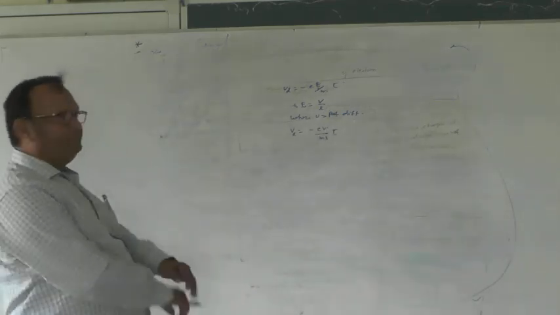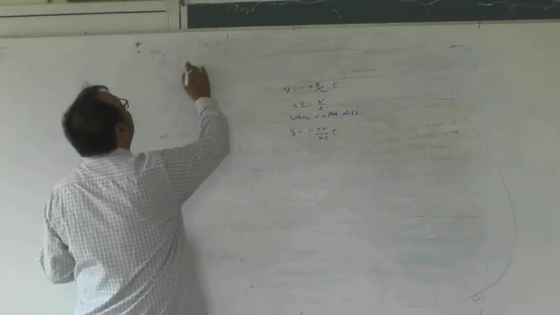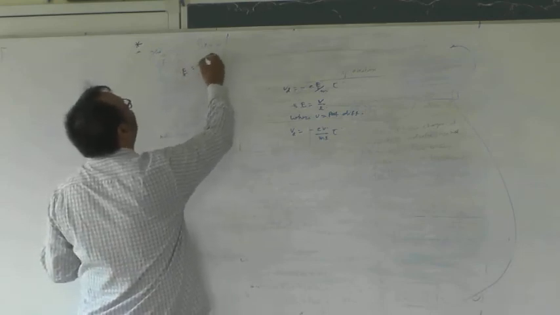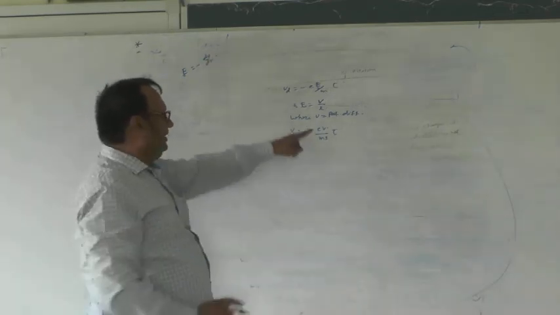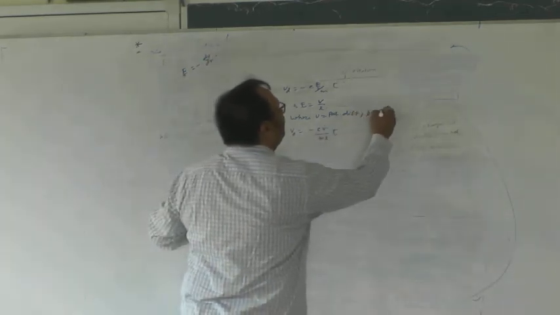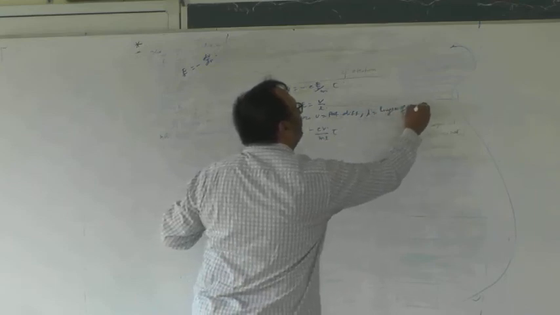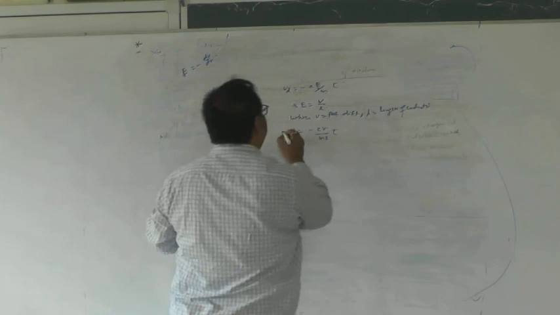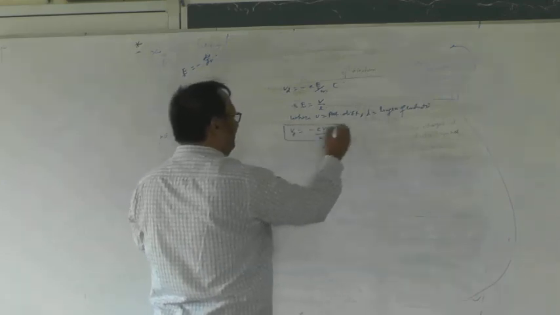In electrostatics we know E is equal to minus dV by dr, from there, and L is the length of the conductor. This is over.